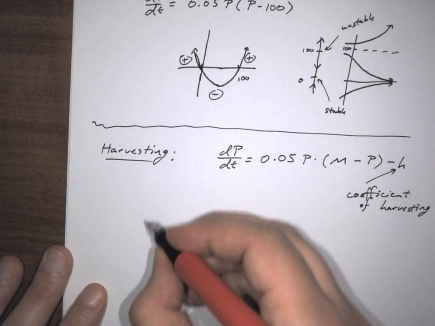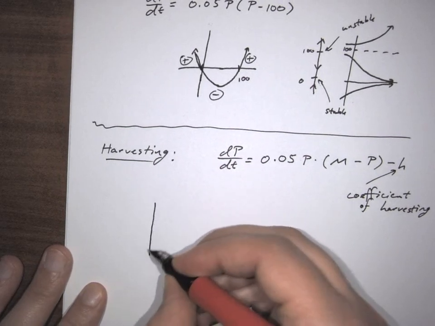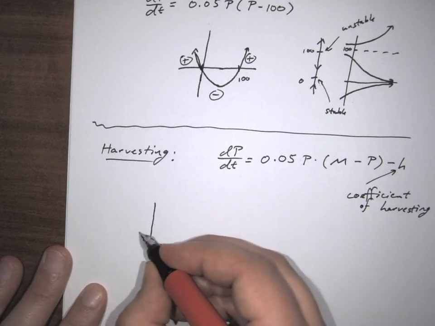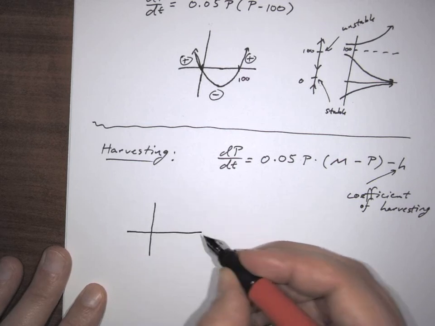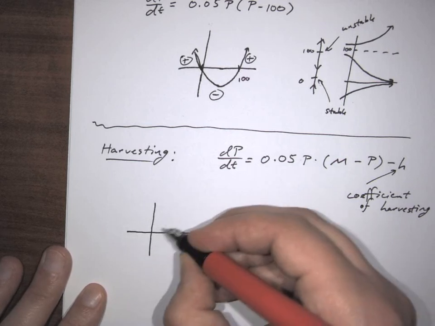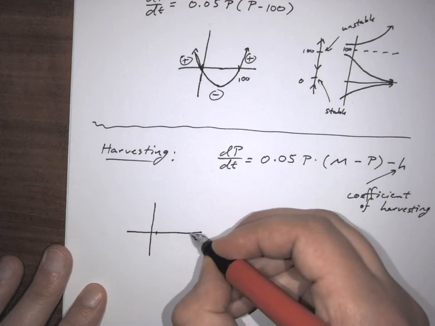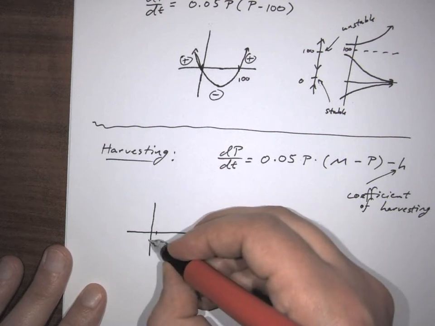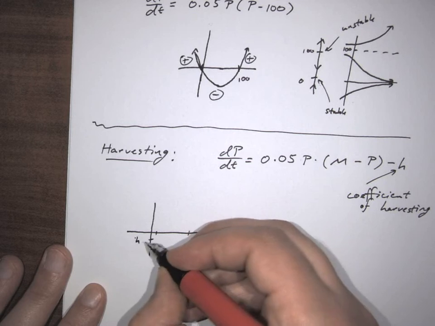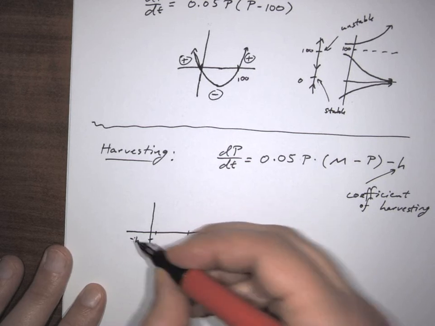So now what happens is we take the same classic parabola that we had from before, but now the whole thing is going to be shifted down by the minus h.